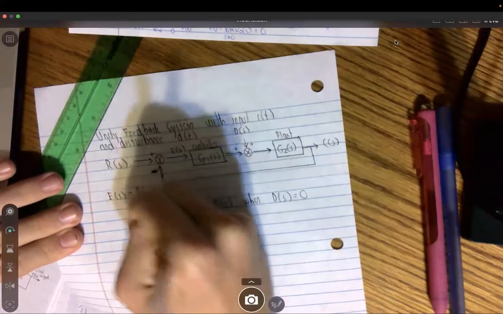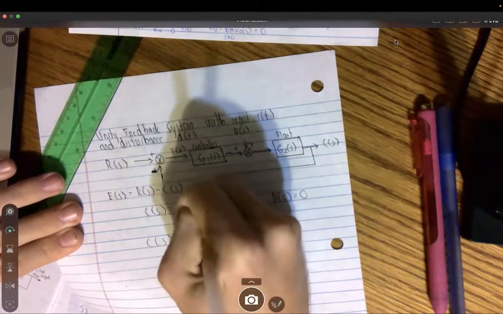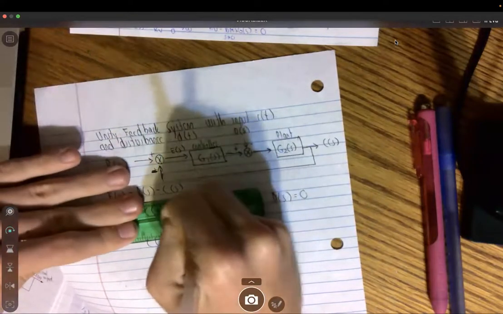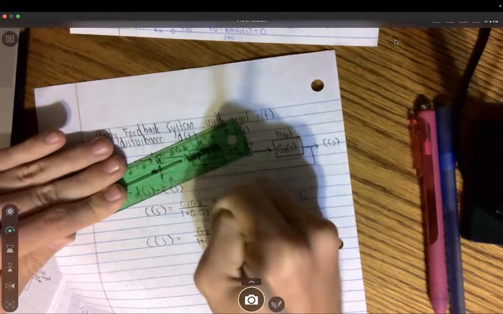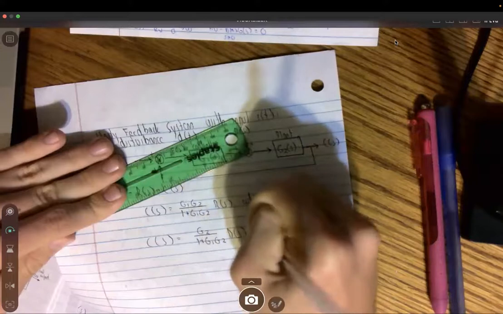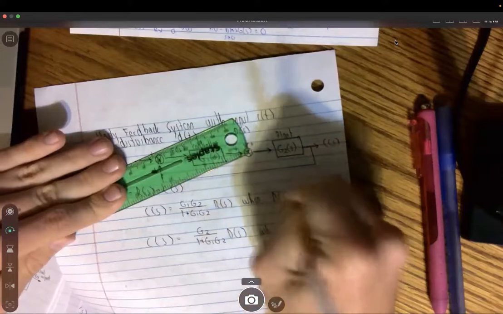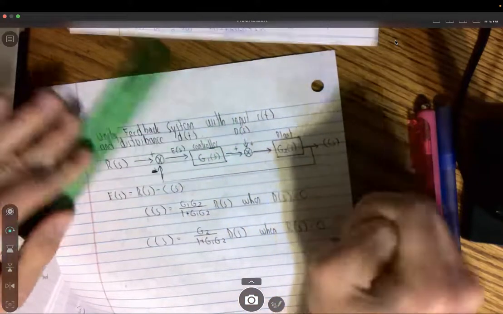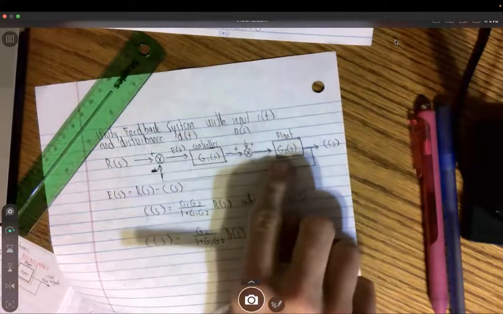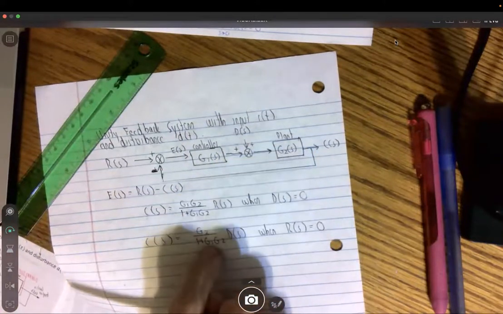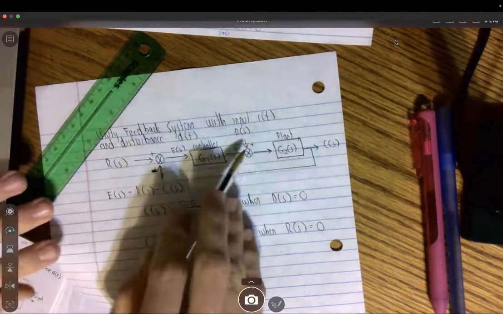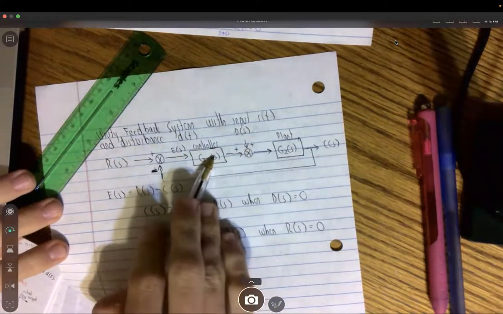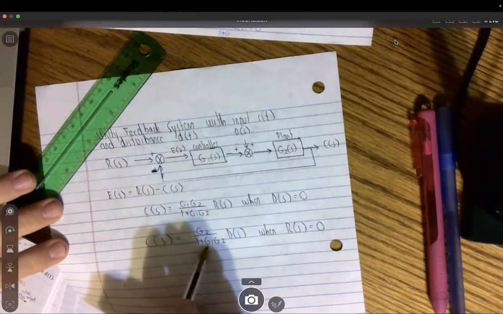In your C of S, you're going to notice it equals G2 all over 1 plus G1 G2 times D of S when your input is equal to 0. Because G1 comes before, it will treat this one like the feedback. So when you consider your D of S, it's going to treat G1 of S as your feedback.